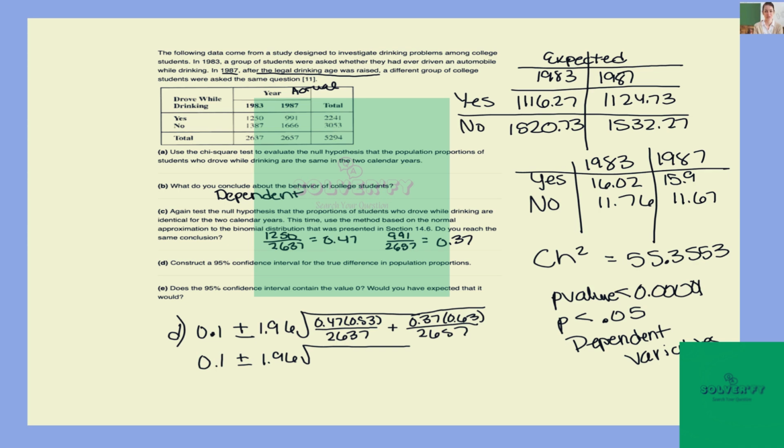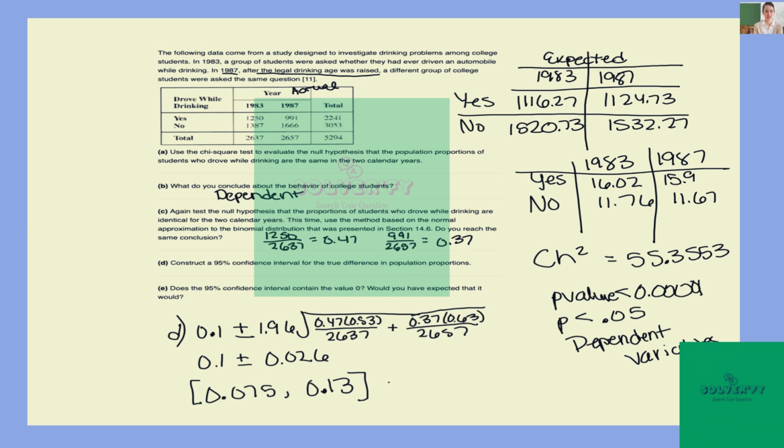Let's skip a step. So then you're going to get 0.026. And my confidence interval is going to be between 0.075 and 0.13, if I go out to 2 or 3 decimal places.